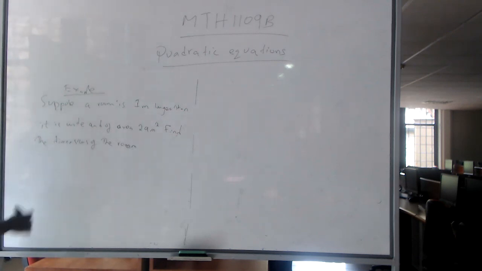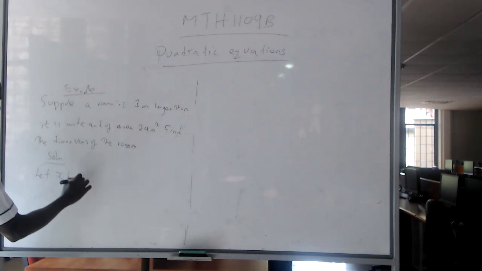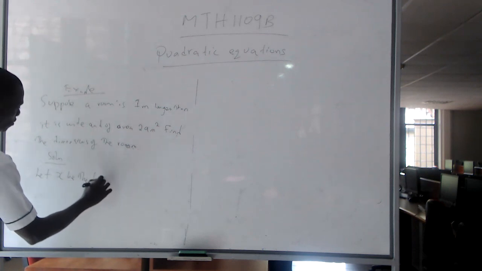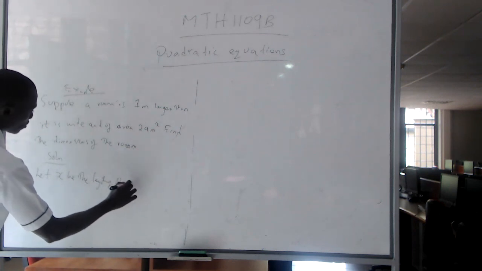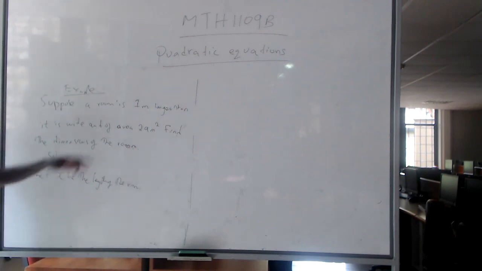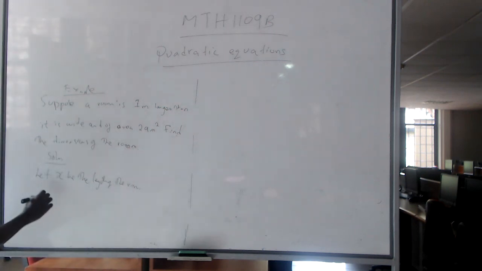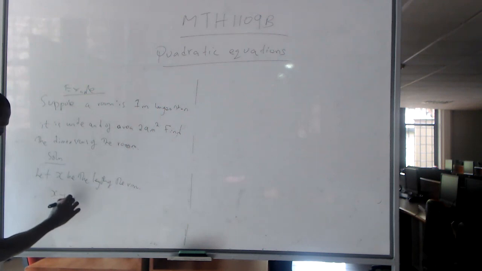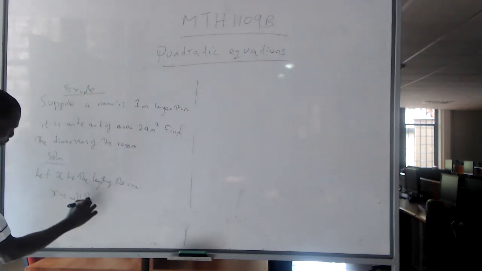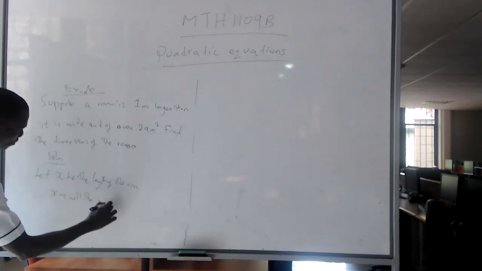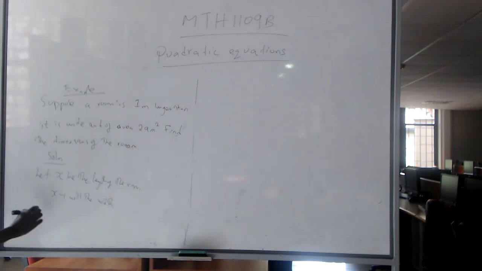Okay. So as usual, let x be the length of the room. We've been told it is 1 meter longer than it is wide. That means x minus 1 will be the width. How do you compute area?